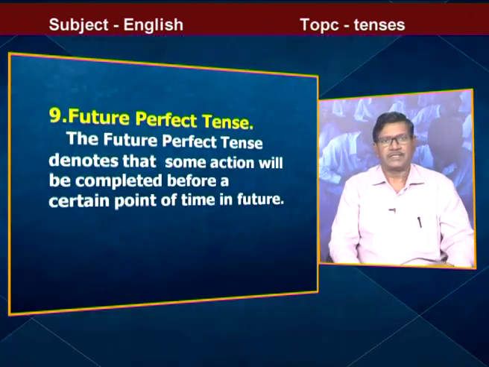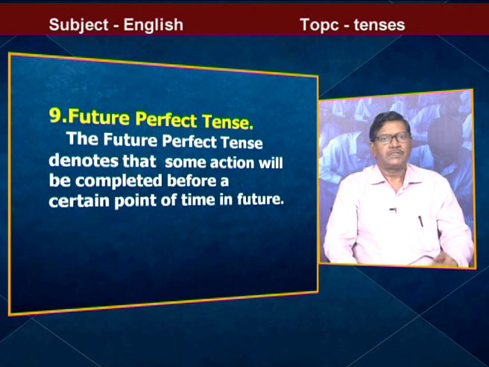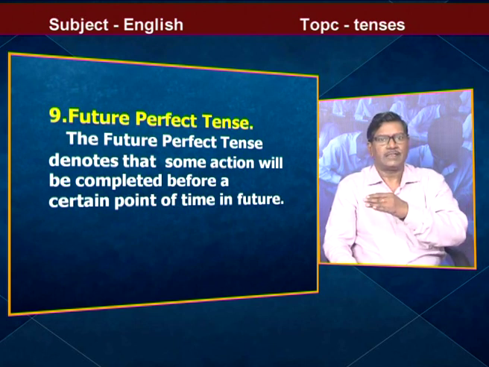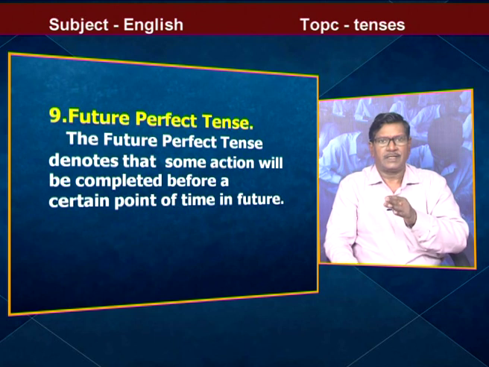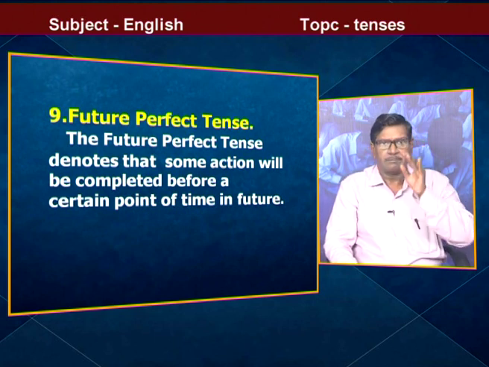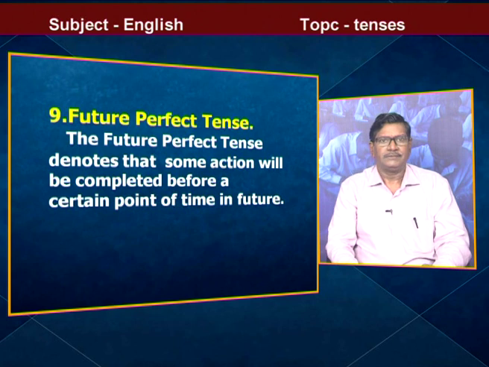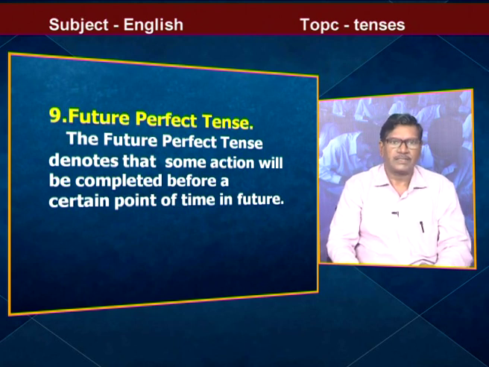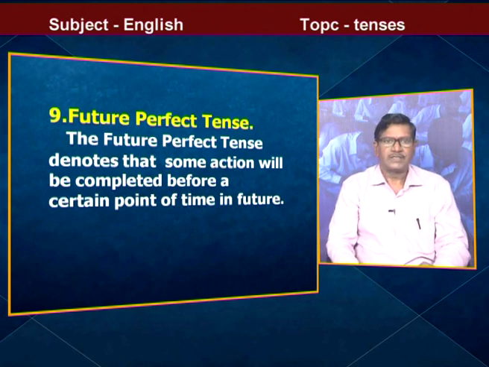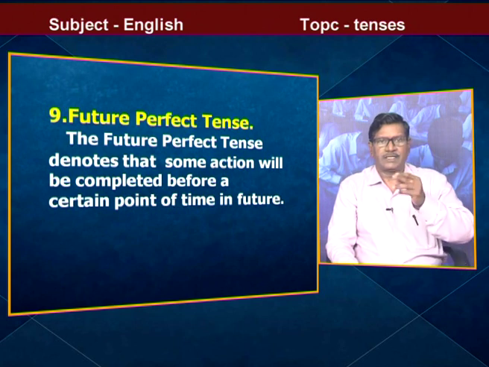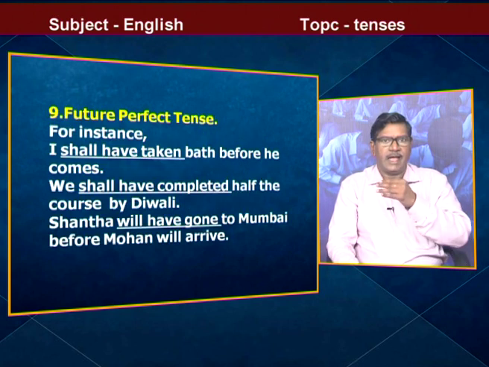ఫ్యూచర్ పర్ఫెక్ట్ టెన్స్. Future perfect tense denotes that some action will be completed before a certain point of time in future. This is future perfect tense. For instance, let us see some sentences. I shall have taken bath before he comes.